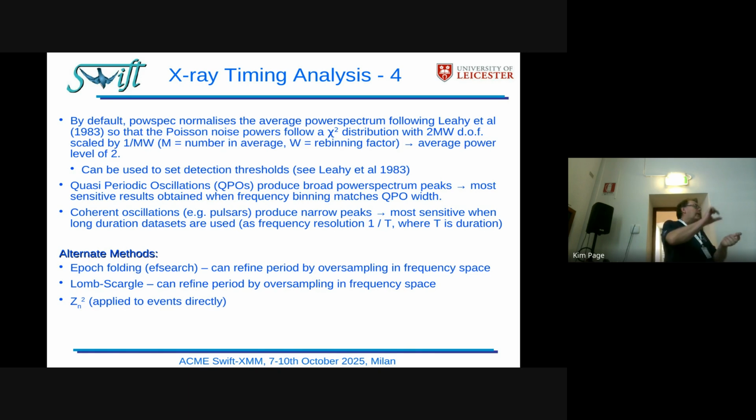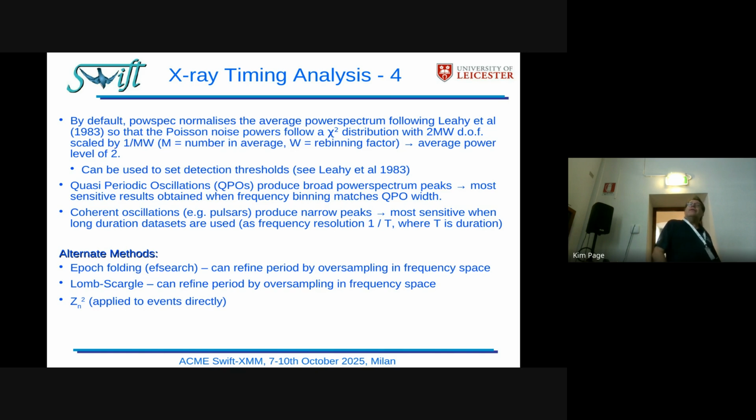If you had nothing but noise, you would have a flat power spectrum, averaged around 2. But you can use this chi-square distribution to set detection levels, confidence levels, so you can be confident that you've got a detection of a given period, which is why it's very useful.